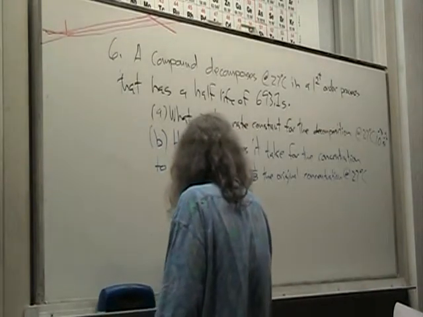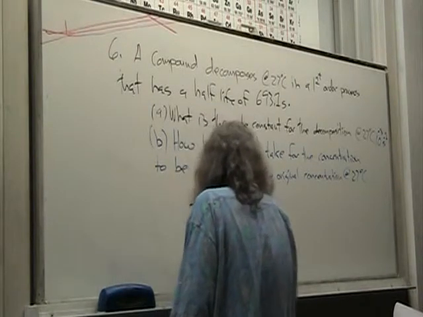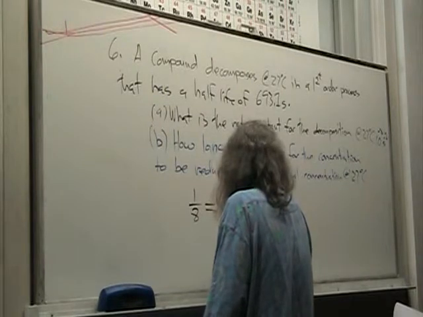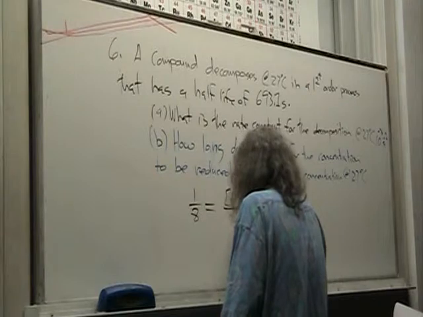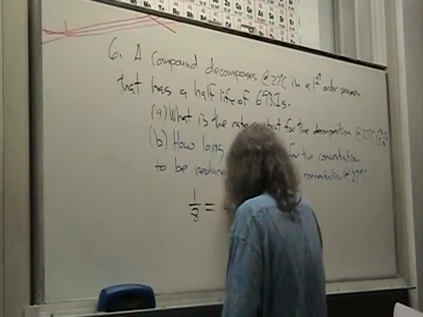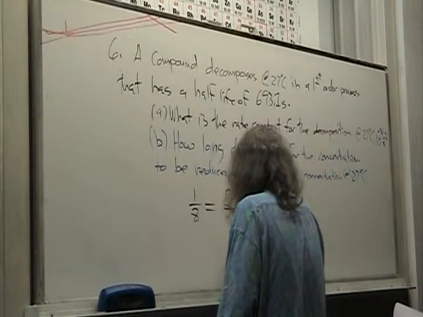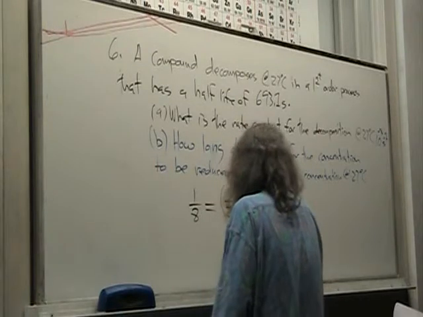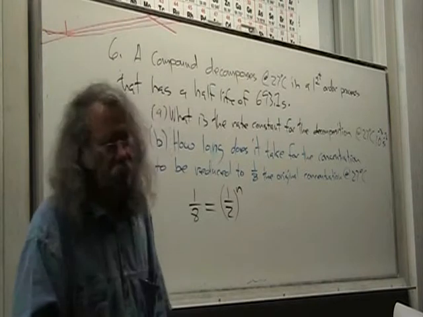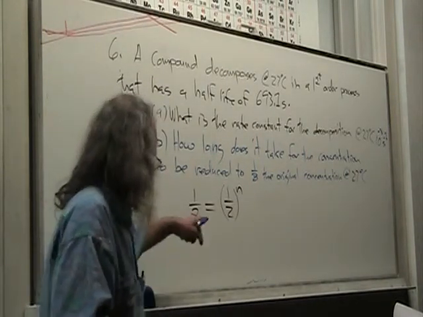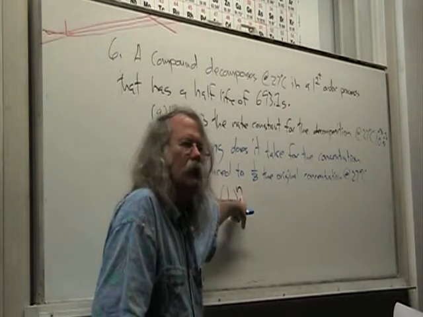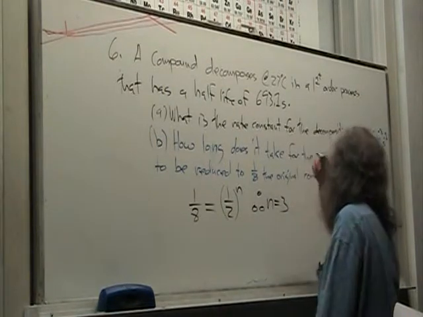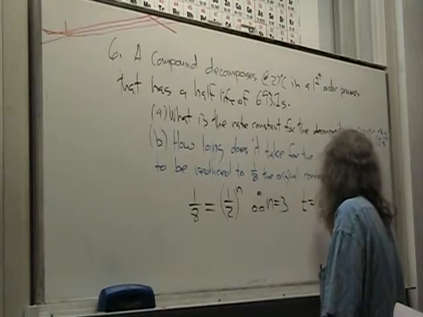So 1/8 is equal to the concentration A naught divided by, okay, 1/2 to the n. 1/8 is 1/2 to the n because it's reduced by 1/2 in each half-life, so how many half-lives? 3. And therefore n equals 3.